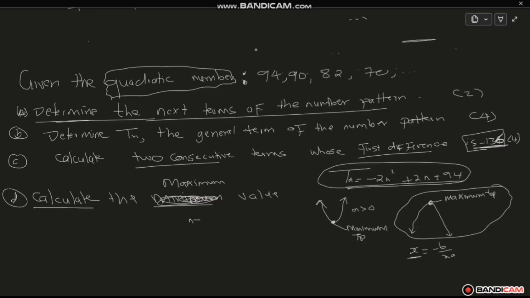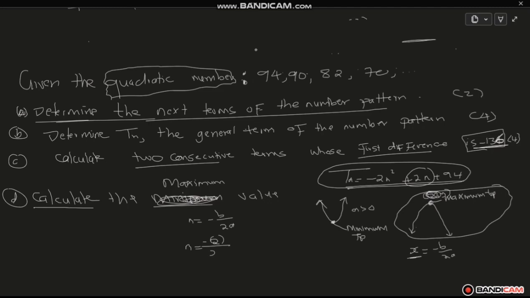Remember, number patterns deal with n. So it will be n equals negative b over 2a, where b is from the Tn formula that you are given. So this is the maximum value if a is negative in the Tn. But if it was positive, it will be the minimum turning point.